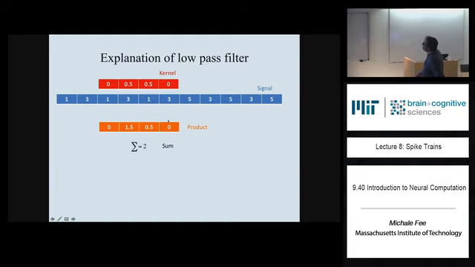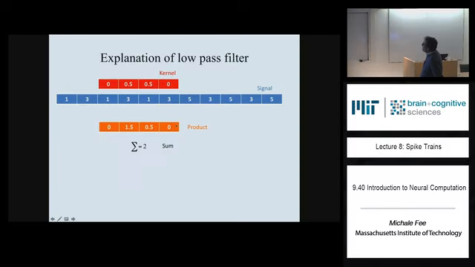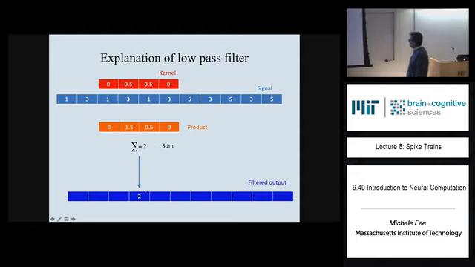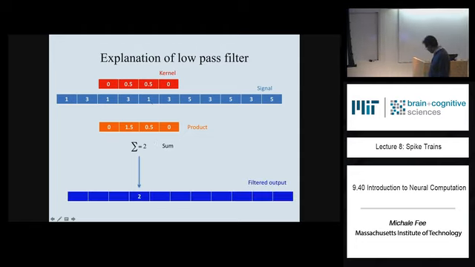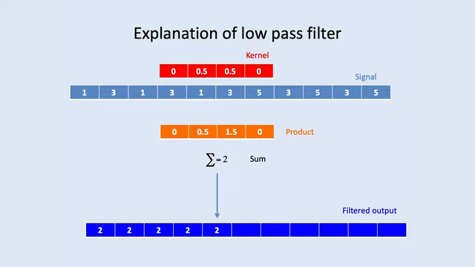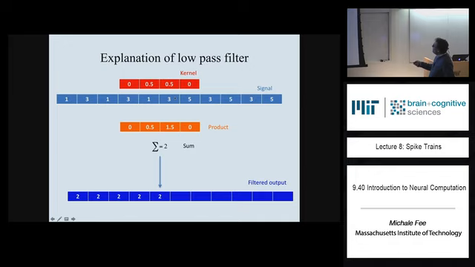We then sum up the elements of that product. 0 plus 1.5 plus 0.5 plus 0 is 2. And we're going to write down that sum at this point in the filtered output. Now we're just going to slide the kernel over by one element and repeat that.